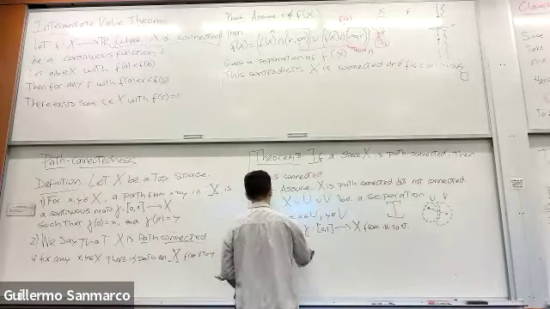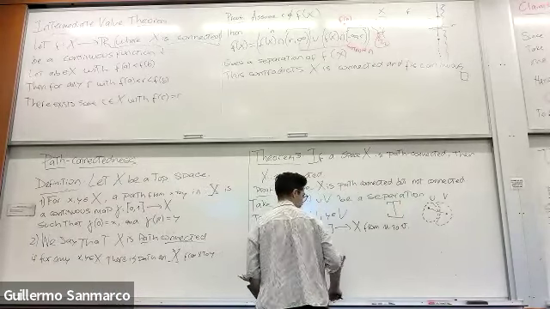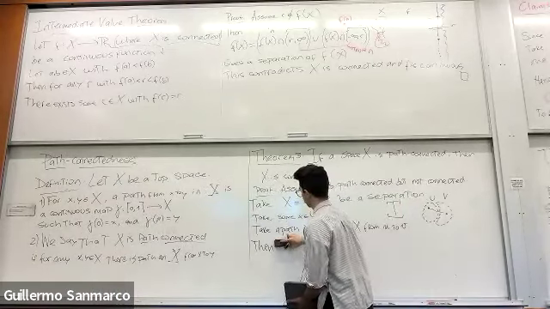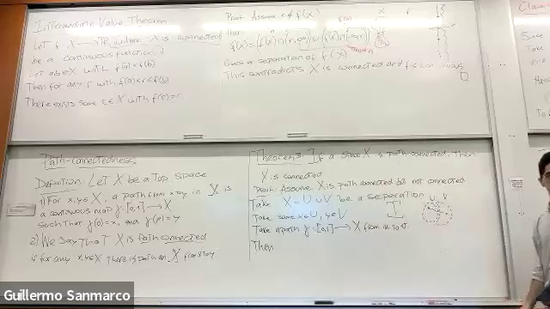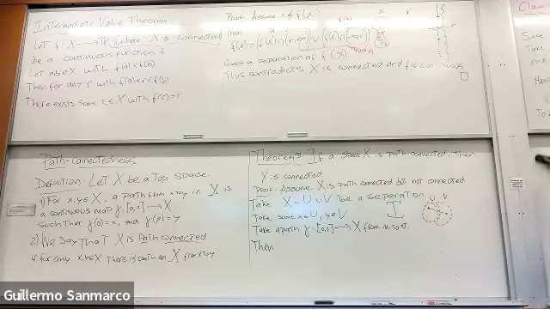Now, the pre-images of U and V under gamma will give us a separation of the closed interval [0, 1], which is connected because we spent 35 minutes proving that. And that'll be a contradiction.